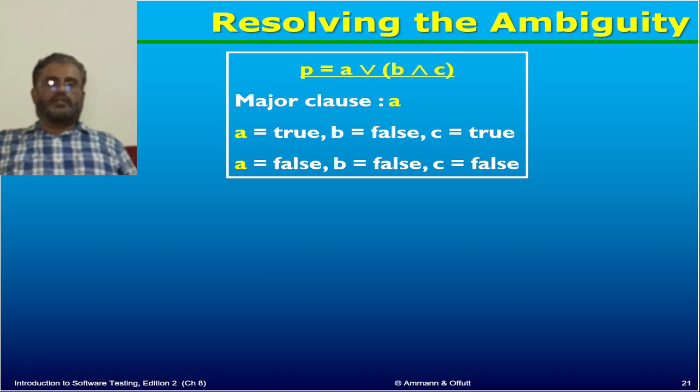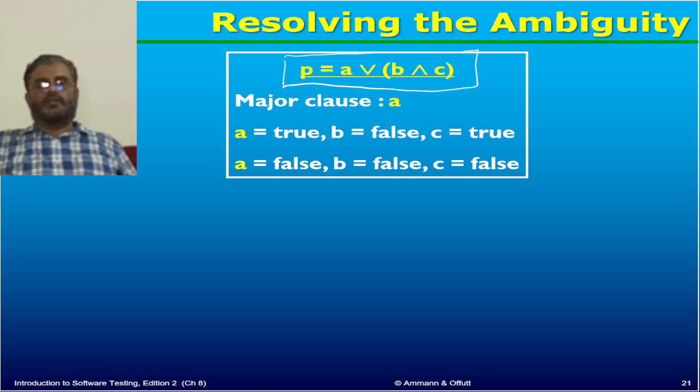So now just look at this example. Again we have this predicate and we want to see how we can resolve the ambiguity. So for example, here if we want to make A the major clause, we can see that there is an OR between this operand of the OR and this operand on the right hand side of the OR.